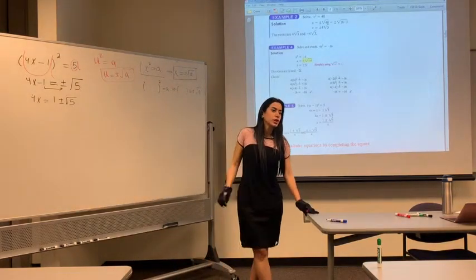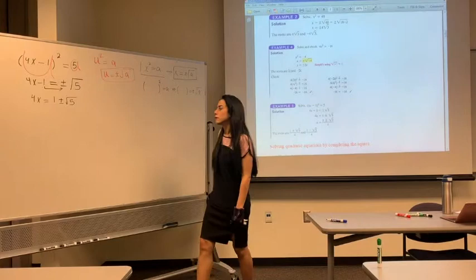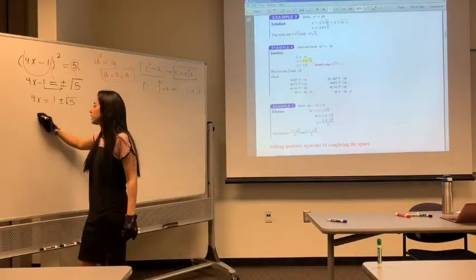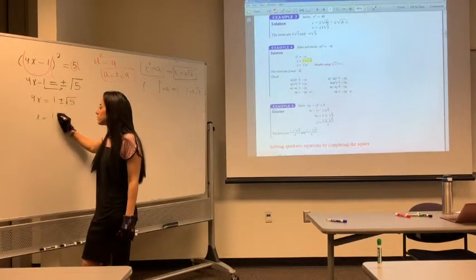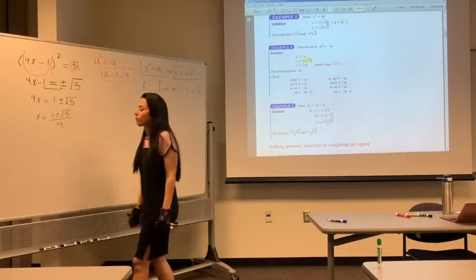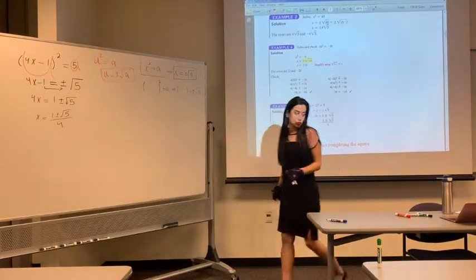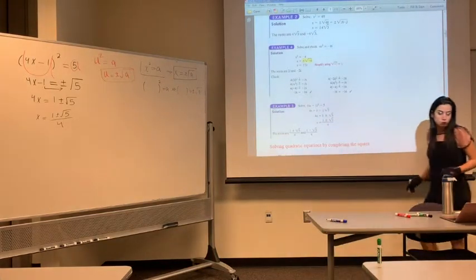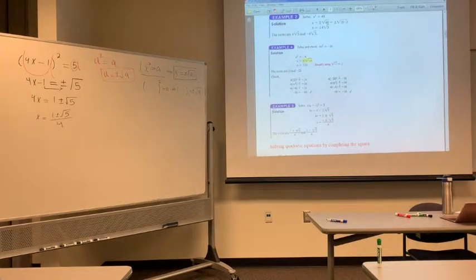And then we should isolate x, right? So divide both sides by 4.